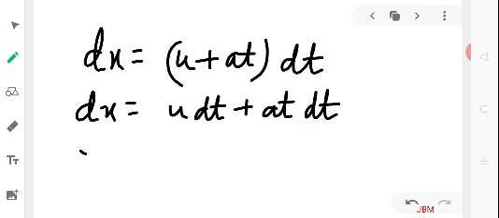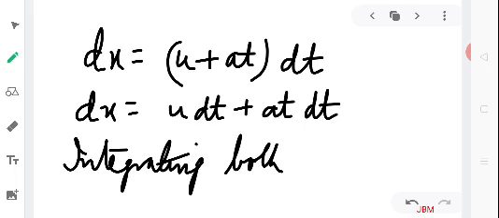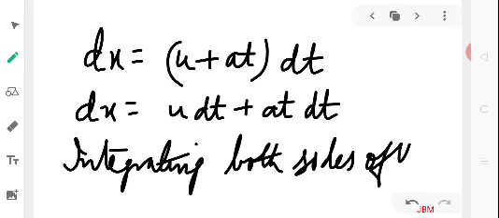Now we can integrate, integrating both sides of the equation. Before we integrate, we have to also understand the initial values. What is the initial value of x?